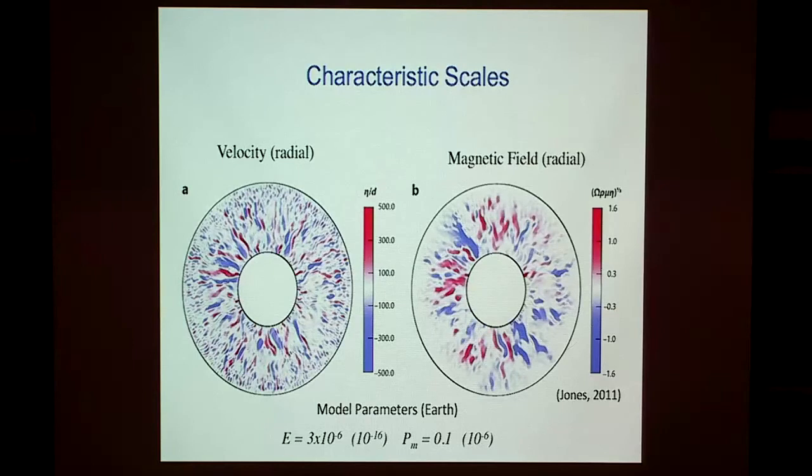So I think we're stuck with using viscosity. I think there's no way around it. And I think it's simply running these solutions on bigger computers, or using more sophisticated treatments for the small scale. Because I've made the argument that at some point, once you get to small enough scales, the flows aren't doing anything for the magnetic field. You can ignore them.